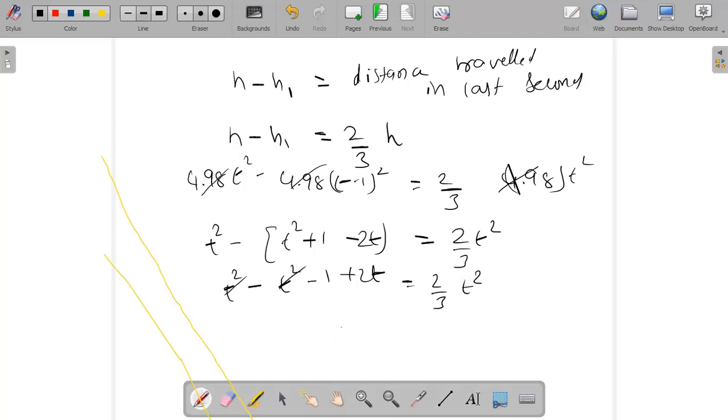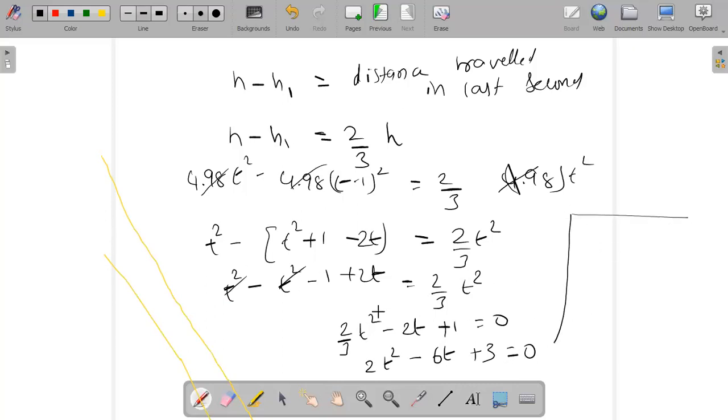So if you take these values, 2/3 t square minus 2t minus 1 is equal to 0. Sorry, it is plus 1, because the minus goes to the other side and becomes plus 1. So this will become 2t square minus 6t plus 3 is equal to 0.